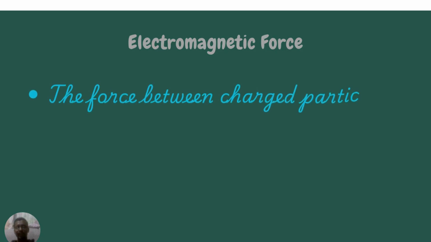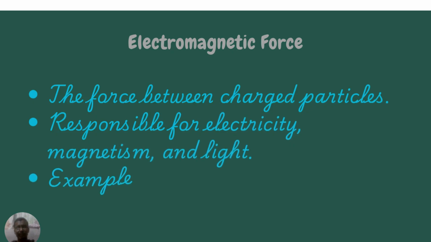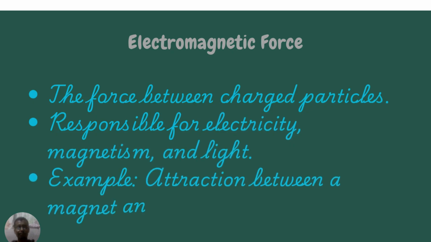When we come to electromagnetic force, it is the force between charged particles, and it is responsible for electricity, magnetism, and light. For example, the attraction between a magnet and iron is an electromagnetic force. Electromagnetic force can be an electric force or a magnetic force.